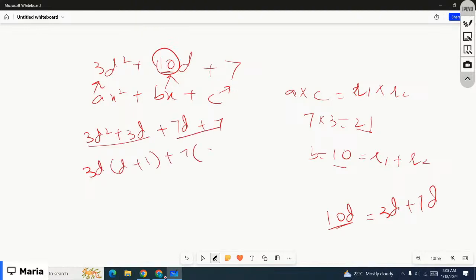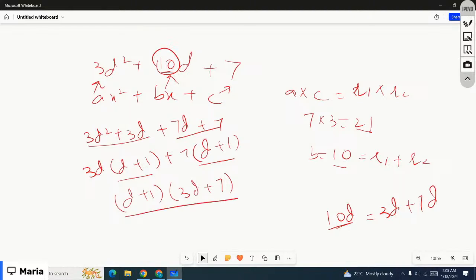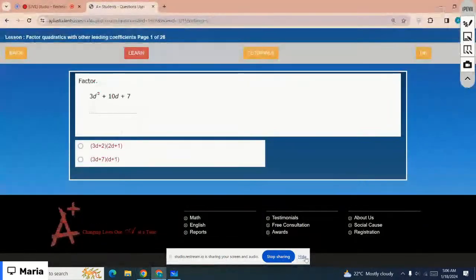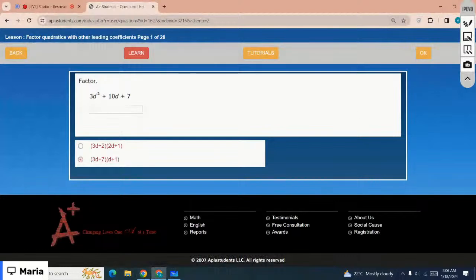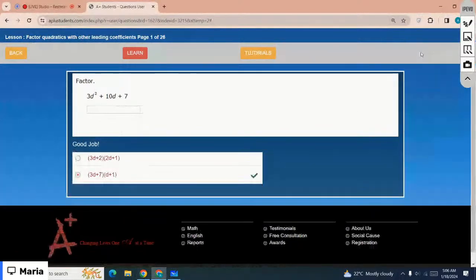Here you can take common 7 and you are left with d plus 1. D plus 1 is the common factor and the other factor is 3d plus 7. Got it? So the factors are d plus 1 and 3d plus 7. Option number 2 is the correct option. Got it?